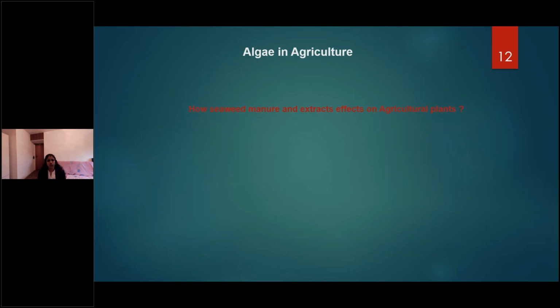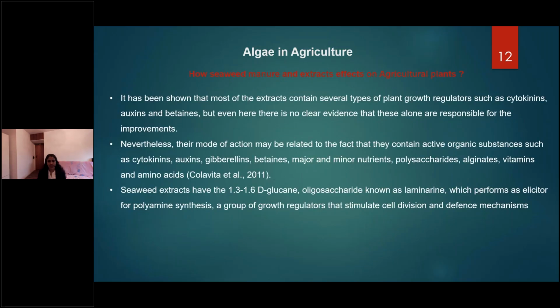It has been shown that most of the extracts contain several types of plant growth regulators such as cytokinins, auxins, and betaines. I will come across these cytokinins, auxins, and betaines in detail in later slides. But even here, there is no clear evidence that they alone are responsible for the improvements.